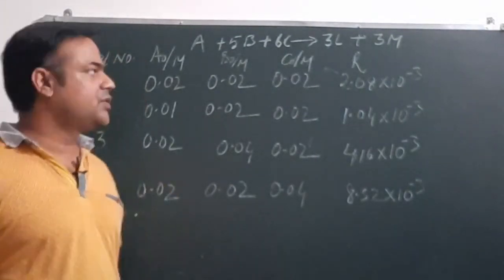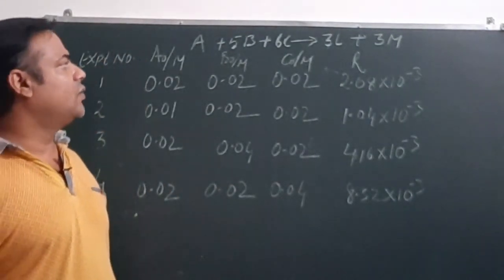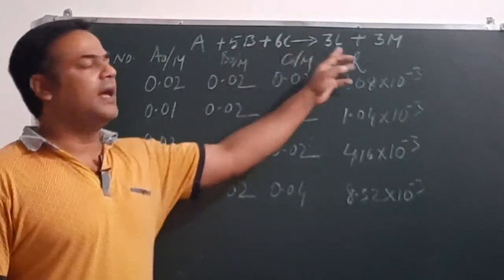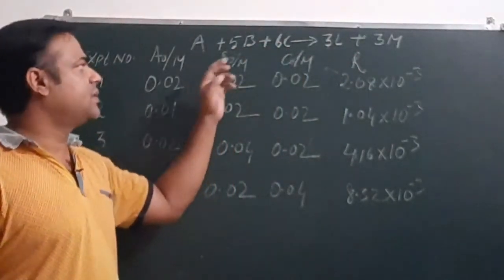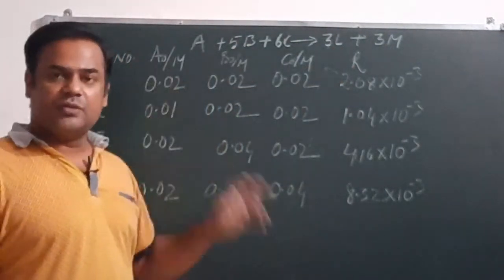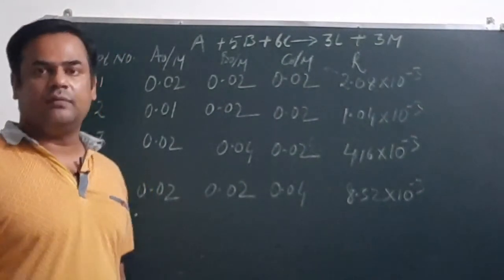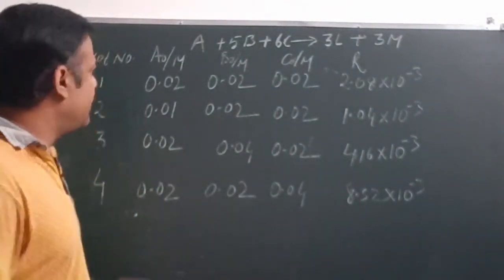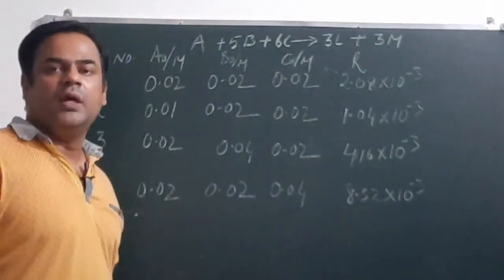After that, we will calculate the initial rate of change of concentration of B and L, that is, the rate of disappearance of B and the rate of formation of L. So the first task is to determine the order with respect to each component.